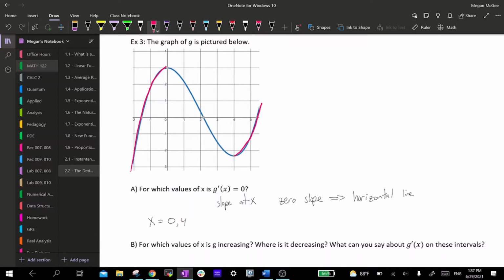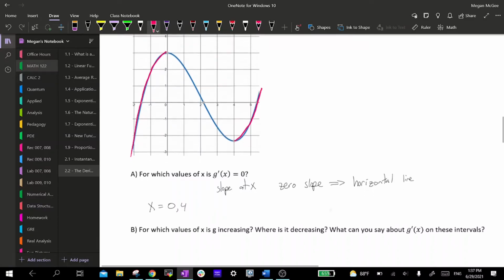Okay? So g of x is increasing on negative infinity up to 0, and also 4 to positive infinity. All right, if we write this in set notation. And I'll write increasing.